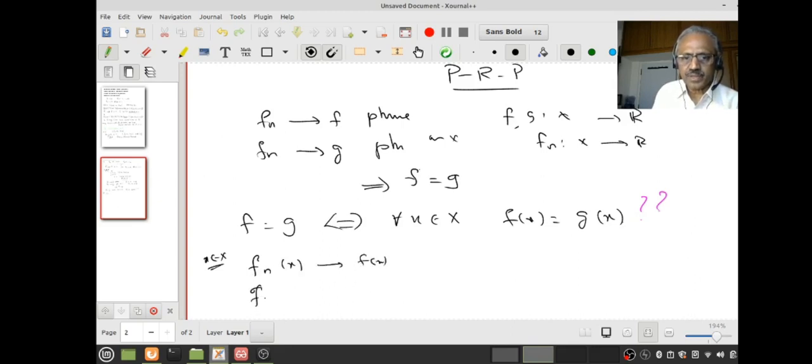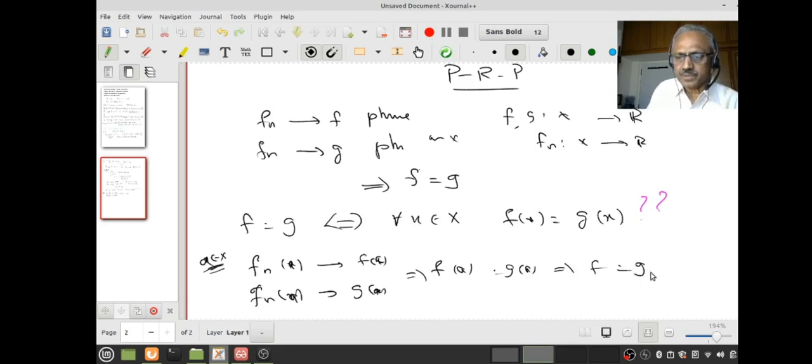Similarly, I also know fn of x converges to g(x), because fn converges to f pointwise, fn converges to g pointwise. Remember, this is a sequence of real numbers. If you want, fix an a. So this sequence of numbers converges to f(a) as well as to g(a). By the uniqueness of the limit, I know f(a) equal to g(a), and this is true for every a. That means the function f equal to g. Do you understand this?